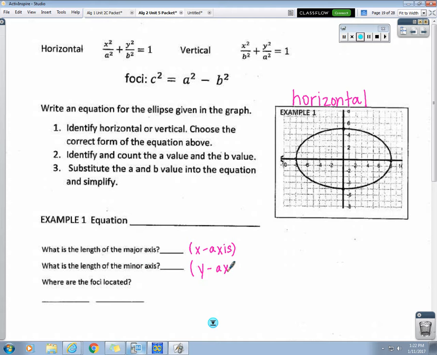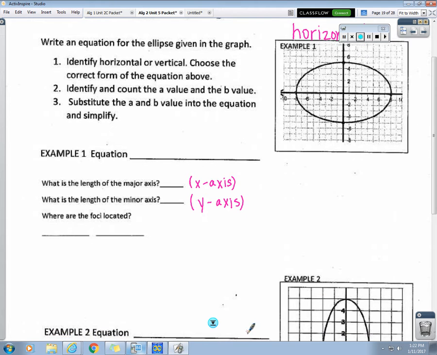Hold on and I'll scoot it up. Okay, anytime you have a horizontal ellipse, which is an ellipse that's more sideways, more wide than it is tall, the major axis is the x-axis. Because within the ellipse, isn't that a lot longer than that is? So that's why the x is the major axis, the y is the minor axis.